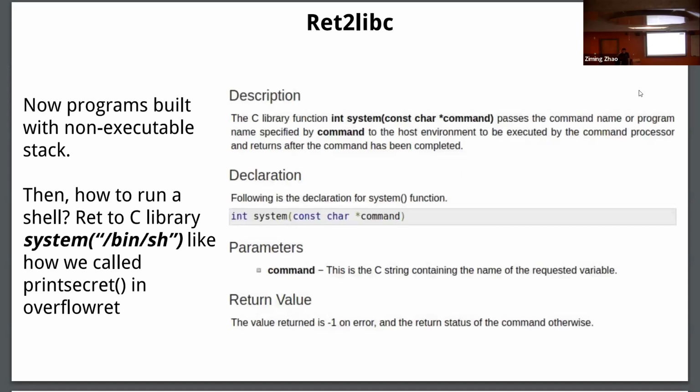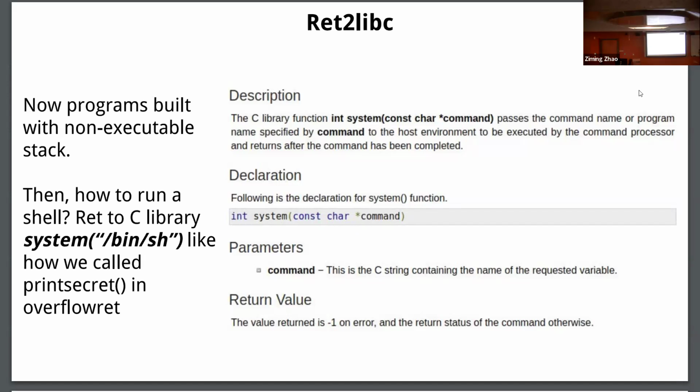So the idea of return-to-libc is very simple. The C library already includes all kinds of useful functions. Some of them are very powerful. In the previous weeks, I included that print flag function in the address space for you, so as long as you jump there, you can print the flag. The C library obviously doesn't have a print flag function for you, but it has some other very powerful functions.